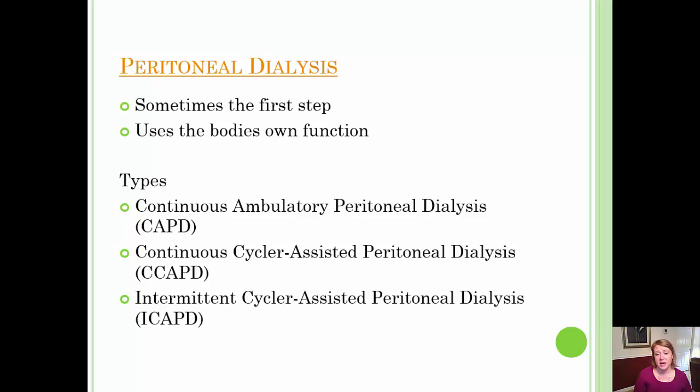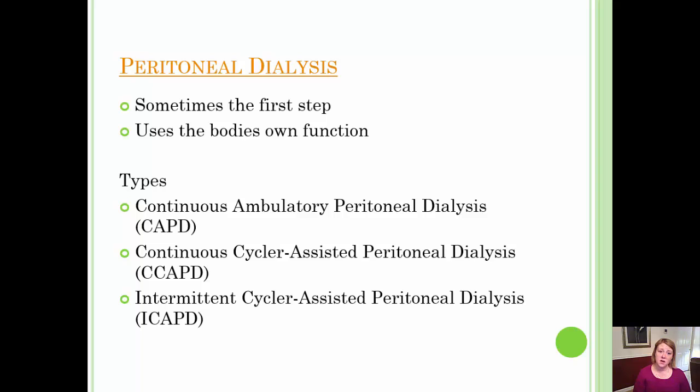Often this is managed by gravity, and usually the only equipment that patients have to have at home is the equipment necessary to maintain sterile technique in a sterile field while making the connections, as well as maybe an IV pole or some type of mechanism to hang the dialysate bag on so that when they instill the dialysate fluid into their peritoneal cavity, they are using gravity to assist in that process.